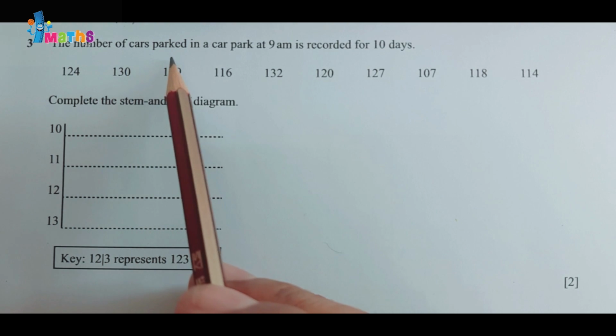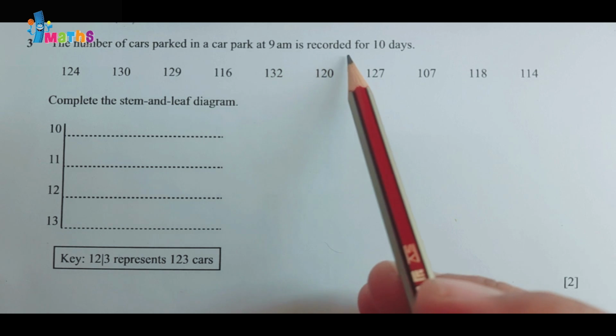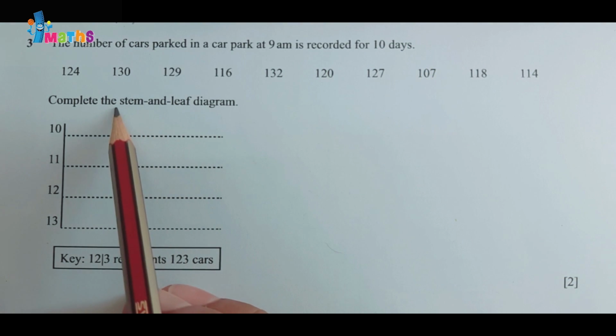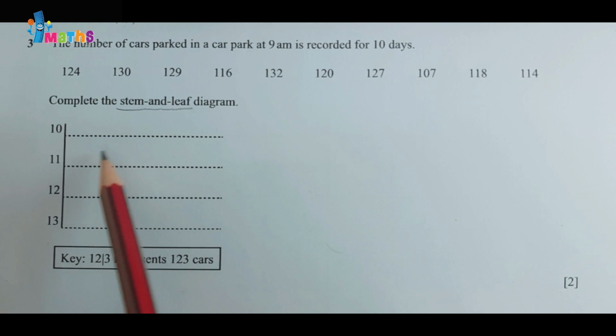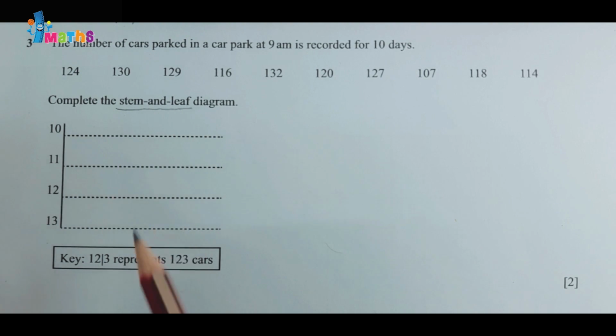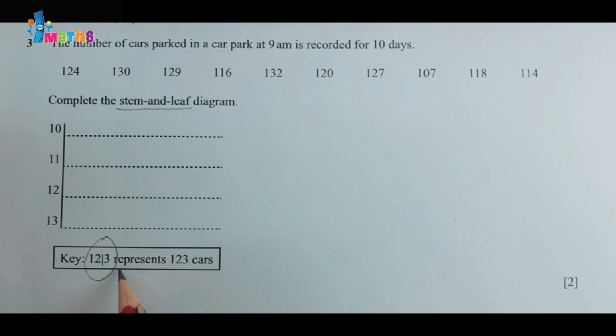Okay, let us start question number 3. The number of cars parked in a car park at 9 a.m. is recorded for 10 days. This is basically a stem and leaf diagram which you will have to complete. It's very easy. You first consider the key which is provided over here: 12|3 represents 123 cars.